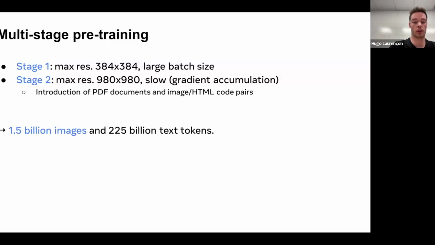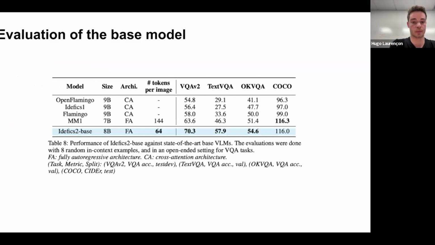And this is important. This is when we increase the resolution that we also introduce the PDF documents and the image HTML code pairs in the pre-training. Otherwise, it's pretty useless to introduce the objective of text transcription from a super long PDF document if you have a low resolution, because the task is simply unsolvable. I mean, even a human couldn't really read the document. And in total, we use 1.5 billion images, so that was a lot, and 225 billion text tokens.